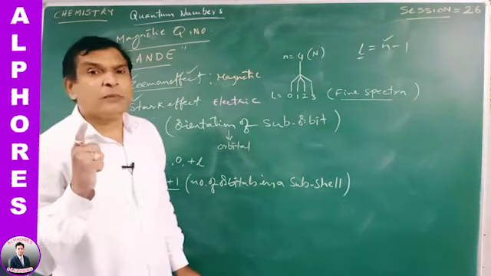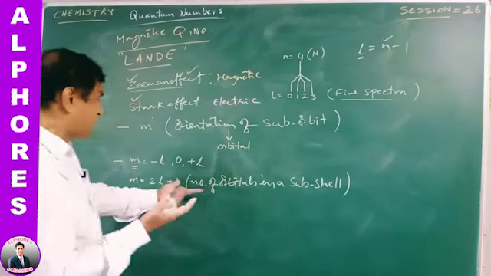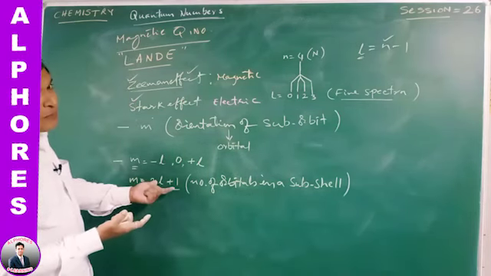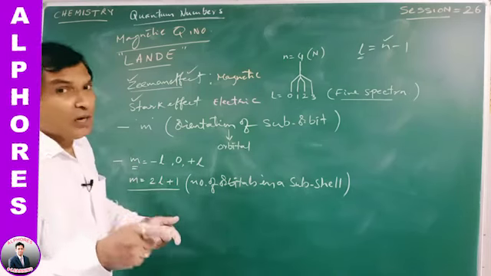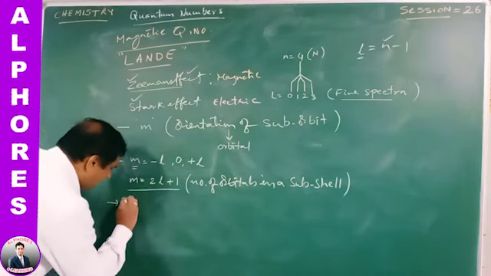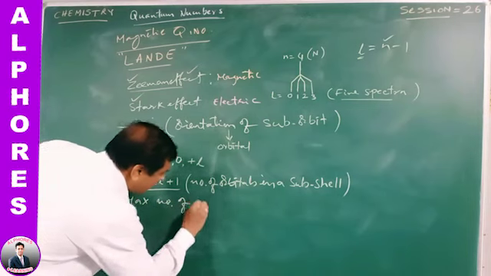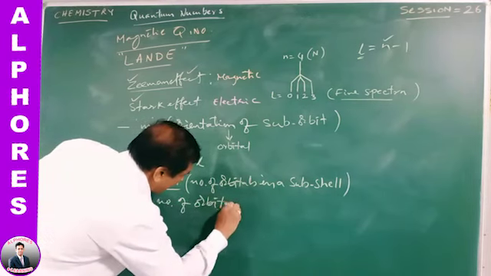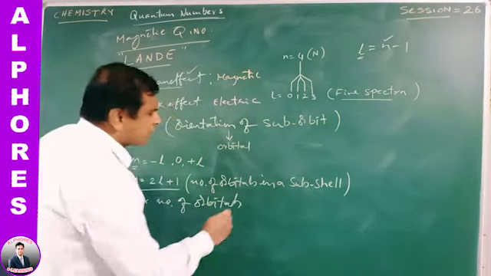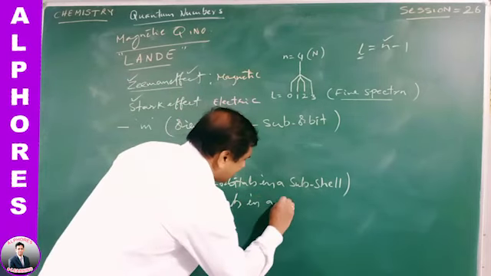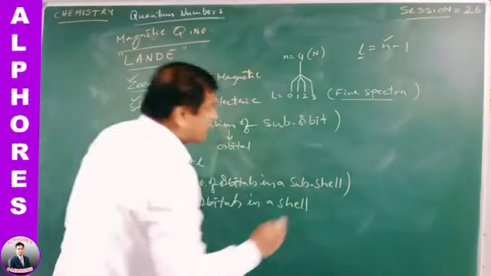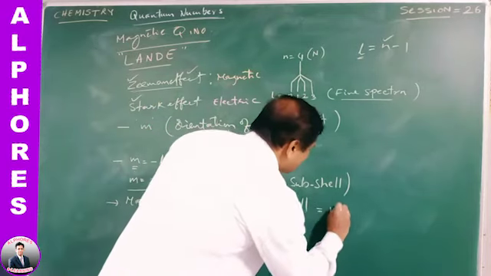The number of orbitals in a subshell equals 2l plus 1. The maximum number of orbitals in a shell is equal to n square.